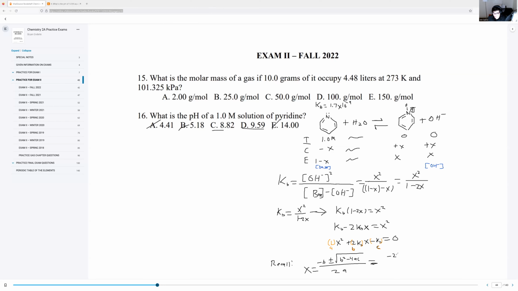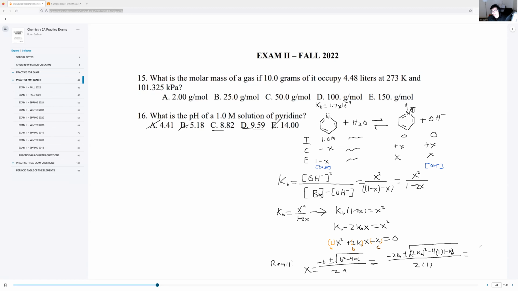So this is minus 2KB plus or minus the square root of 2KB squared minus 4 times a times c all over 2 times 1. Oops, c is negative KB, my bad. Because KB is the constant in this quadratic formula.